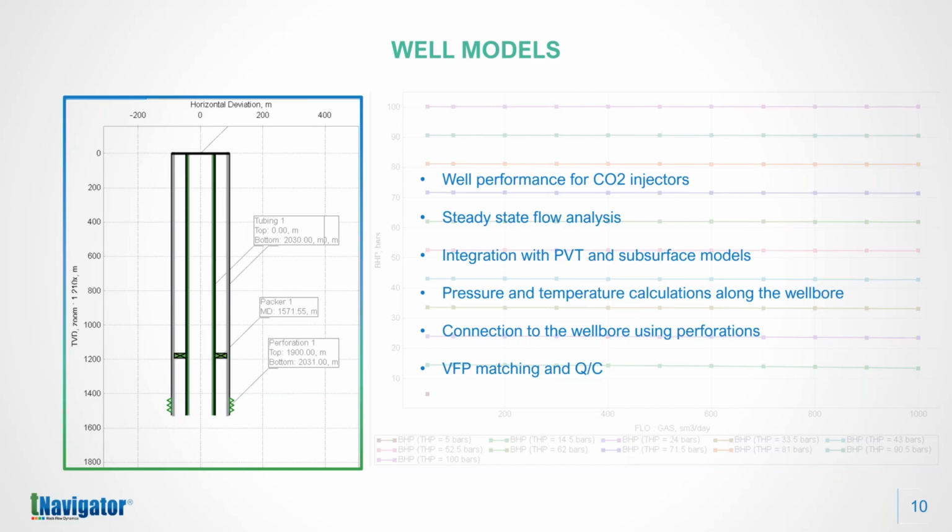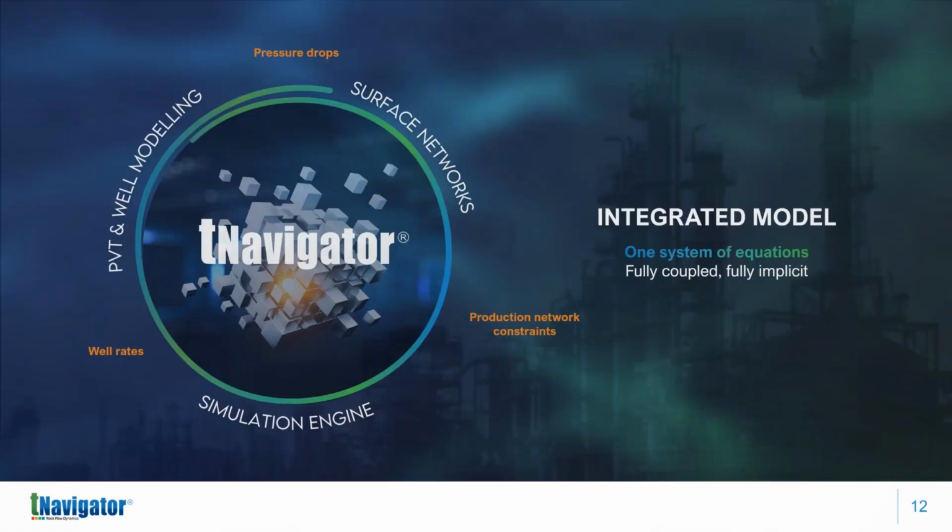Going further, just talking about the integration. We already discussed the key reasons why we need to connect all these modules, and we have a lot of flexibility to do it.